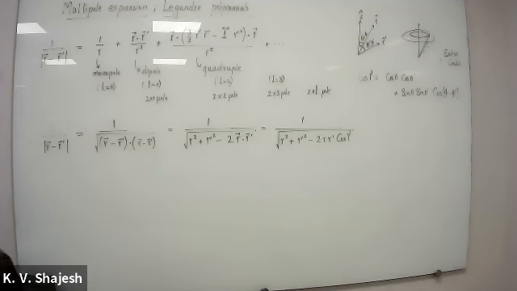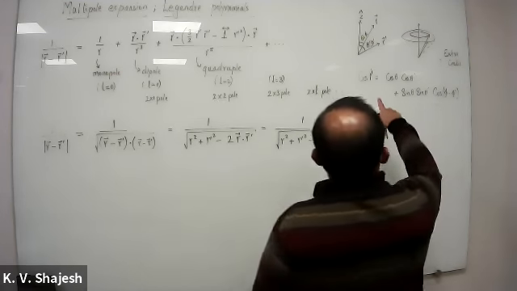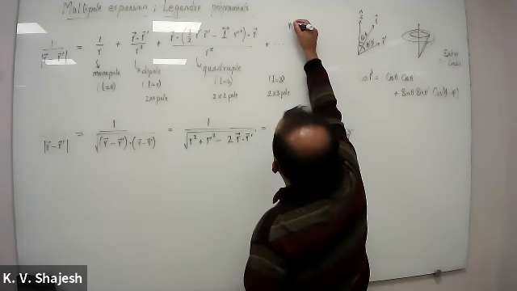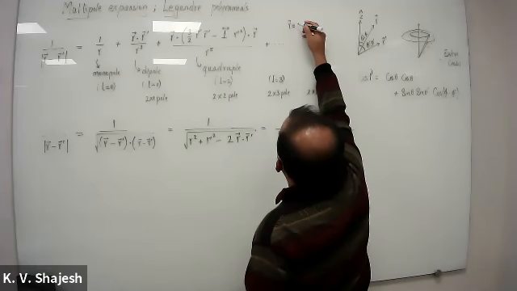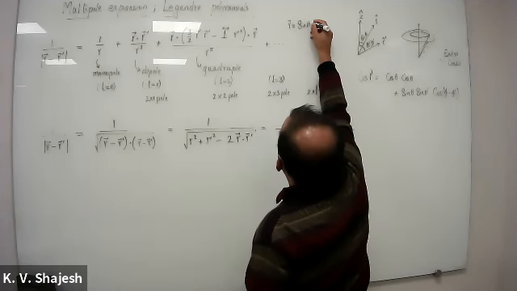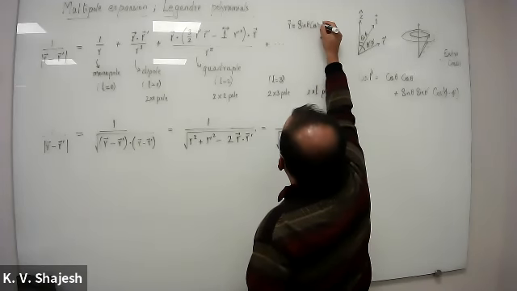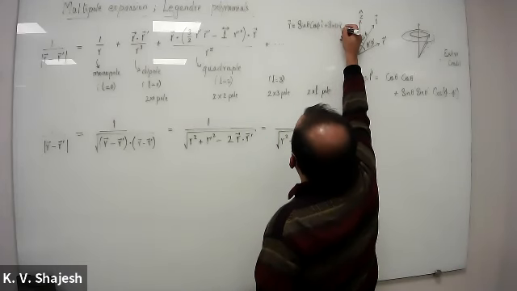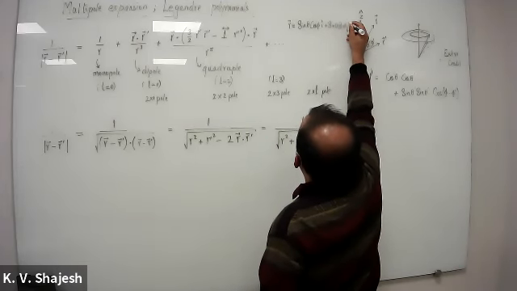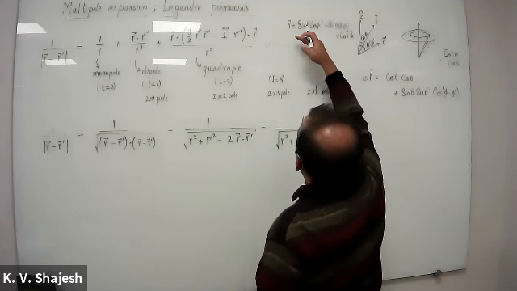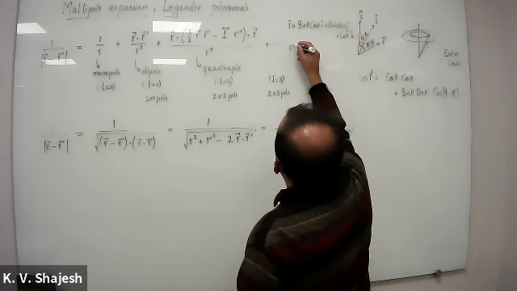What you do is write r is equal to sine theta cosine phi in the i direction plus sine theta sine phi in the j direction plus cosine theta in the k direction, and there is an r prime also there, right?